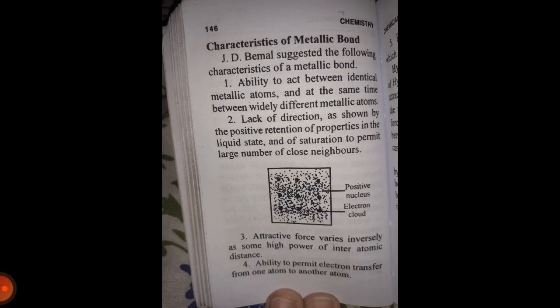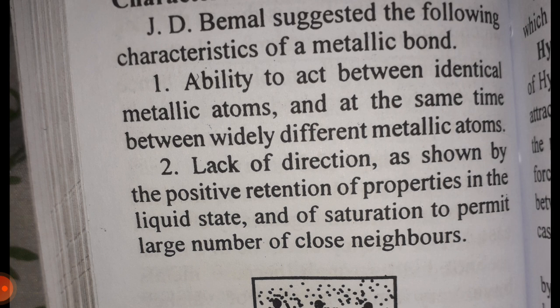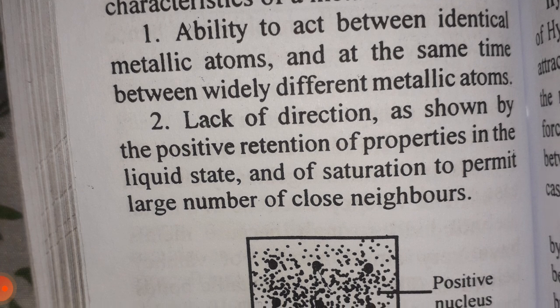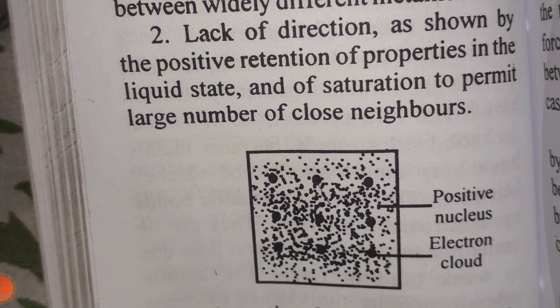Character of metallic bond. J.D. Peoples suggested the following characters of the metallic bond. First, ability to act between identical metallic atoms and at the same time between widely different metallic atoms.